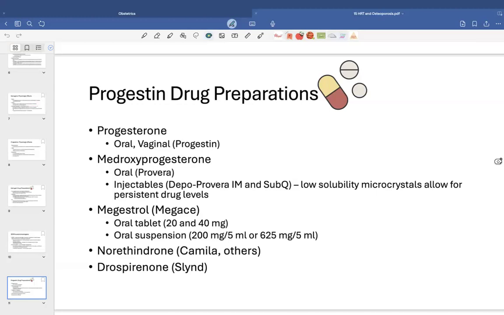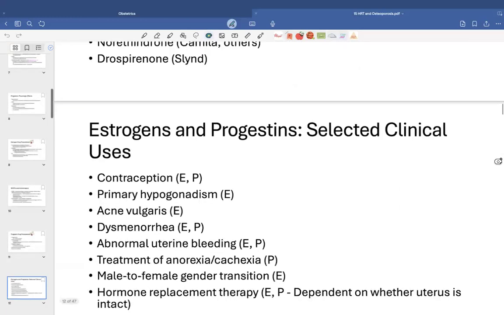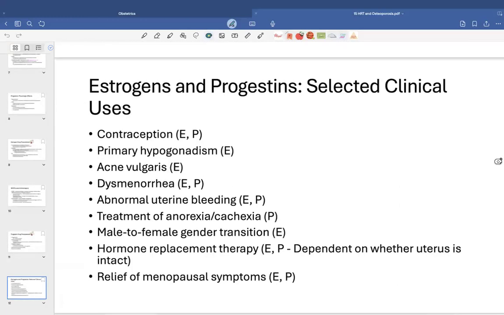So these are the clinical uses for estrogens and progestins. Again, we discussed contraception in detail last week. I won't rehash that too much. Some of the other conditions, though, involve the use of estrogens and/or progestins with different regimens.